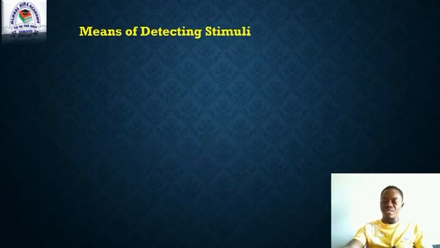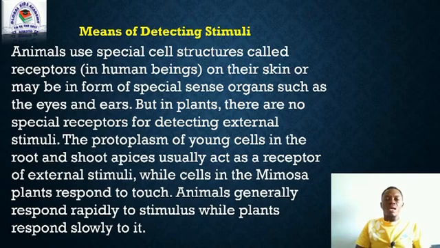Means of detecting stimulus. Animals use special cell structures called receptors, especially in higher animals like human beings, on their skin, or in the form of special sense organs such as the eyes and ears. But in plants, there are no special receptors for detecting external stimulus.